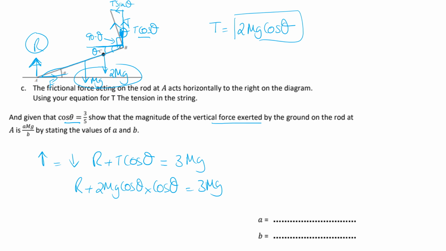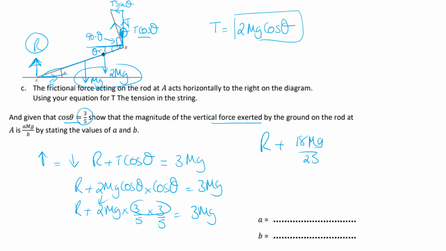And then given that cos theta is 3/5, we can say that R plus 2mg times 3/5 times 3/5 is equal to 3mg. So R plus 3 times 3 is 9/25 times the 2, so it's going to be 18mg/25 is equal to 3mg.